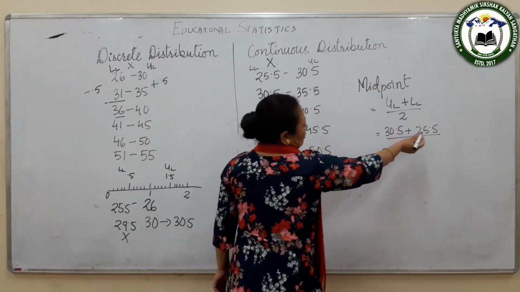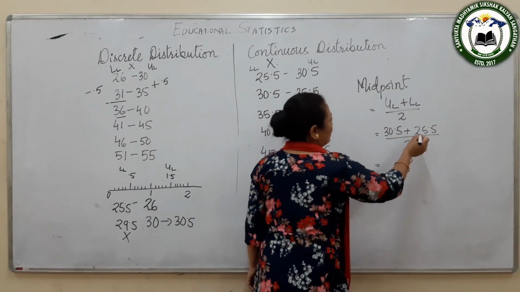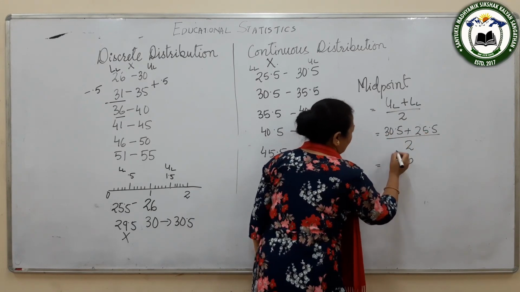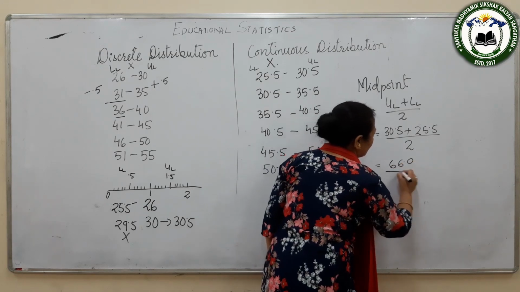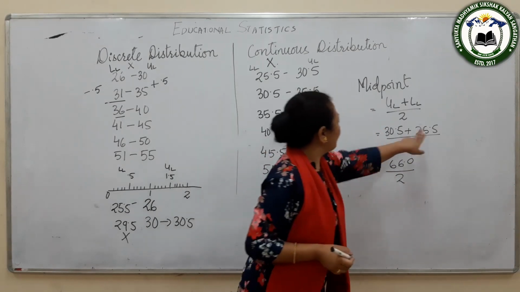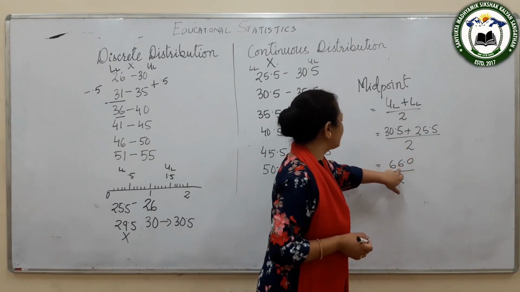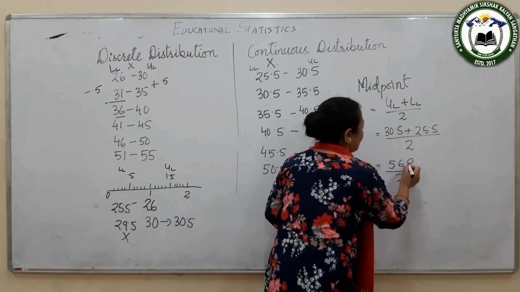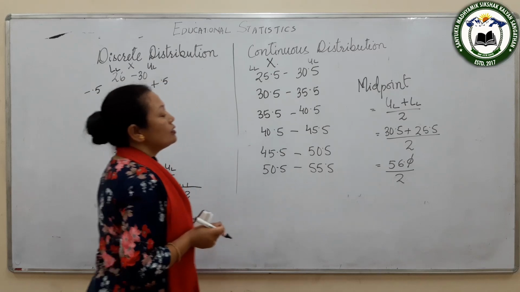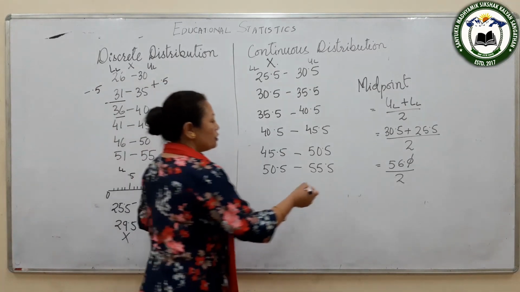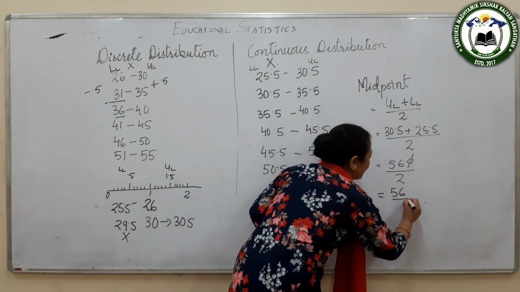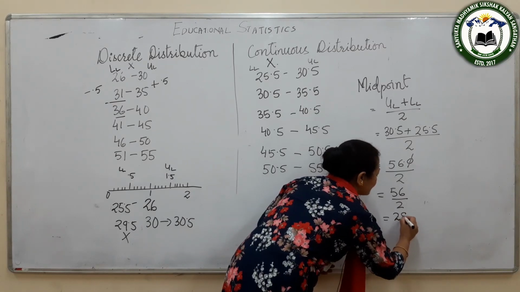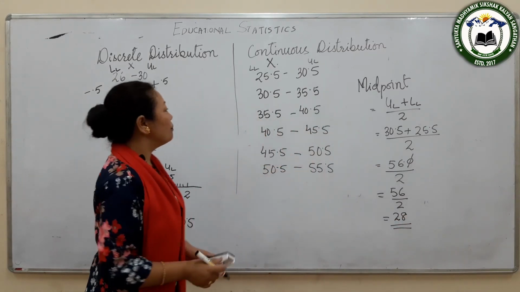So 30.5 plus 25.5 is 56. The 0 after the point doesn't have any value, so we don't need it. So 56 divided by 2: 2 2s are 4 and 2 8s are 16. So 28 is your midpoint.